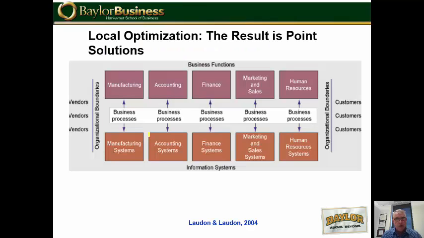This is just a pictorial of what I call point solutions. And I use the terms interchangeably: local optimization, point solutions, or silos. Essentially, it's where businesses allow different functional units or areas to develop their own separate applications to handle their specific needs, typically with their own specific database and business processes associated with that.